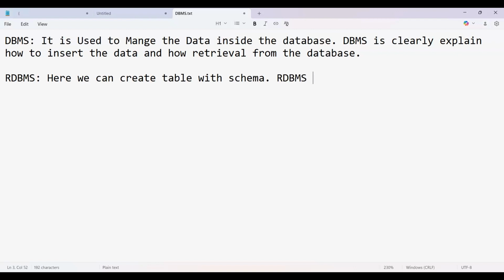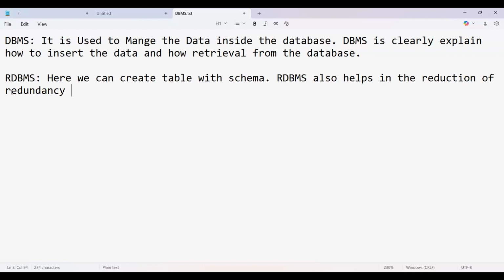RDBMS also helps in the reduction of redundancy data. So what is meant by redundancy? It means duplicate data.